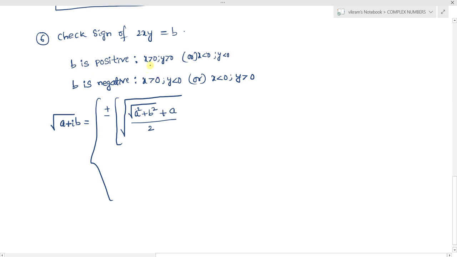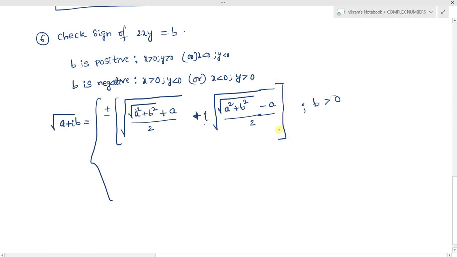If b is positive, both are of the same sign. If it is plus, here it will be plus, and if x is minus and y is also minus, then we get iota times square root of a square plus b square minus a by 2. This condition is applicable for b greater than 0.